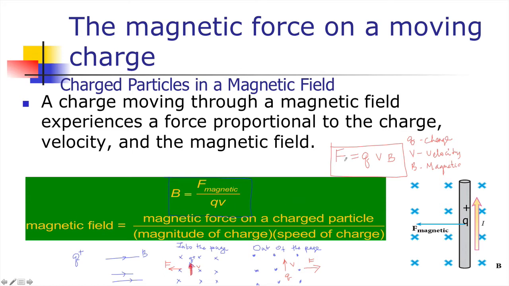So if F is equal to QVB, then magnetic field will be magnetic force divided by the magnitude of the charge multiplied by the speed of the charge. Okay, makes sense.